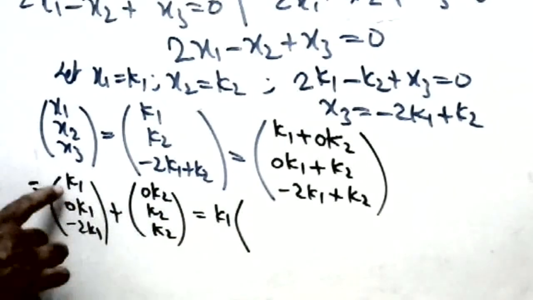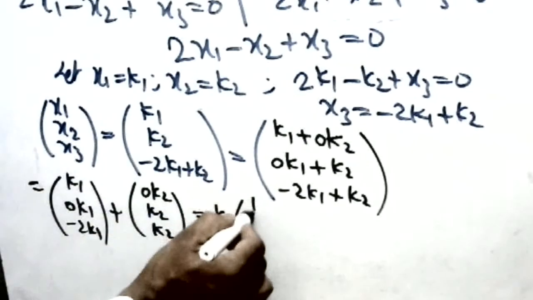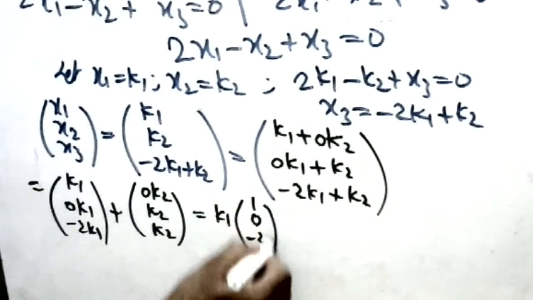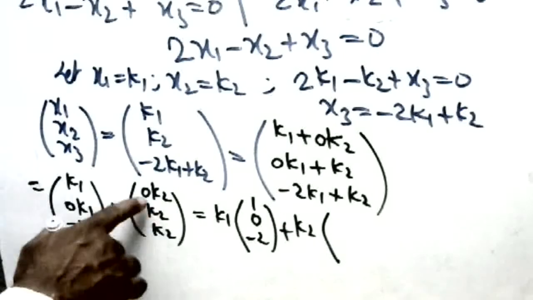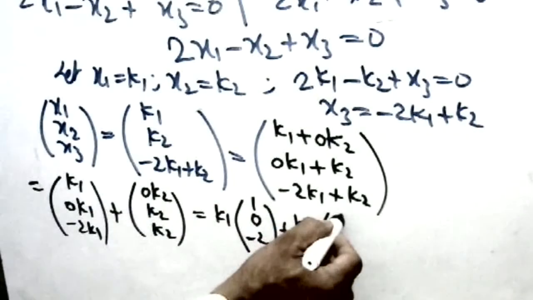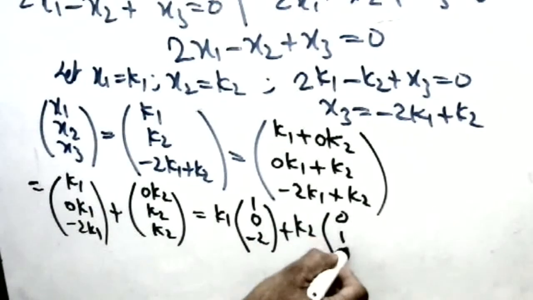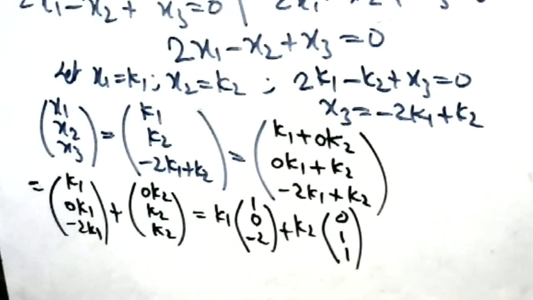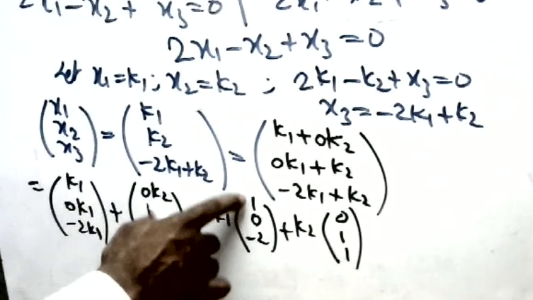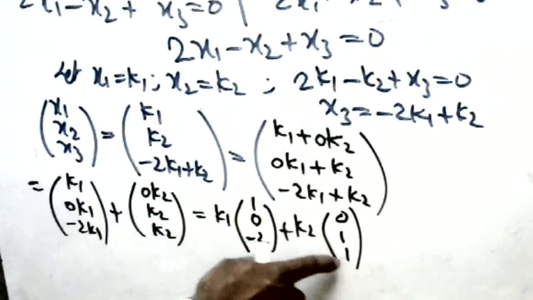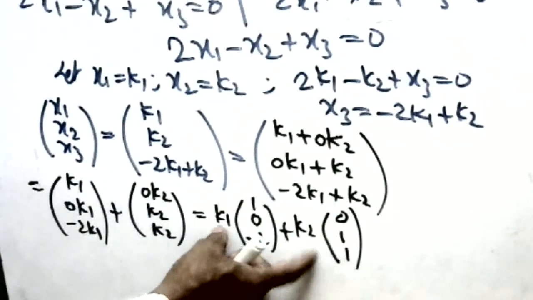Now take k1 common from the first matrix. If you take k1 common, you are left with 1, 0, minus 2. Now take k2 common from the second matrix. If you take k2 common, you are left with 0, 1, 1. Now see here, these are multipliers, so we can leave them. This is one vector and this is another vector.